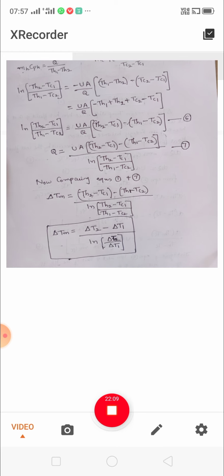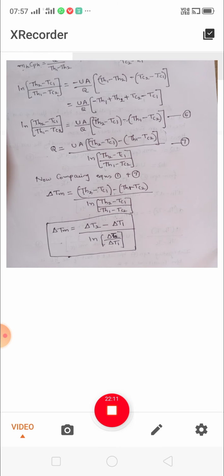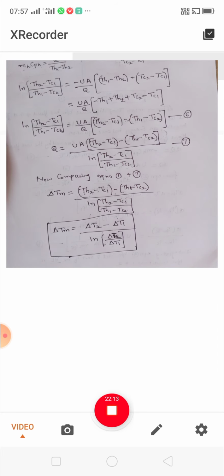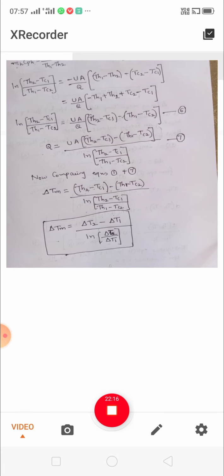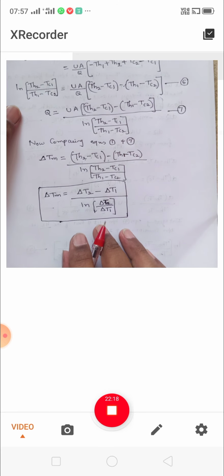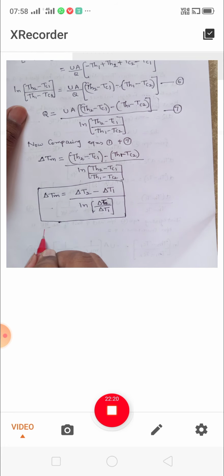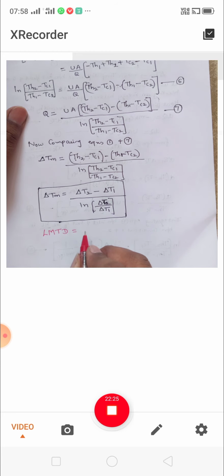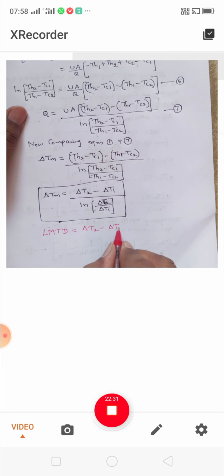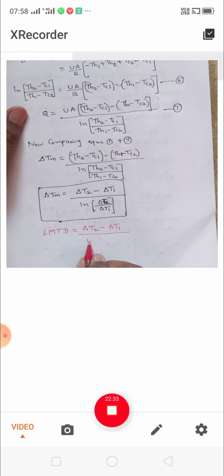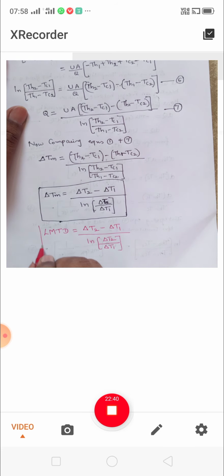Since the mean temperature difference varies in a logarithmic manner, it is called the logarithmic mean temperature difference. I will write this as LMTD, the logarithmic mean temperature difference for the counterflow heat exchanger. It is delta T2 minus delta T1 divided by log of delta T2 divided by delta T1.